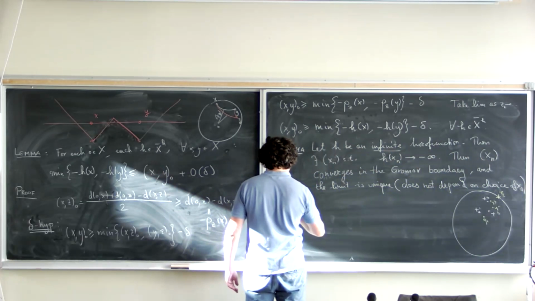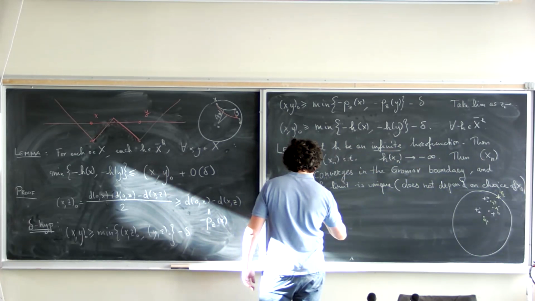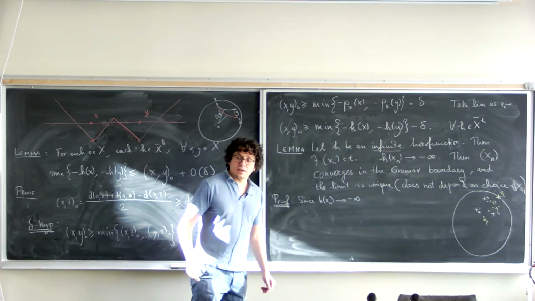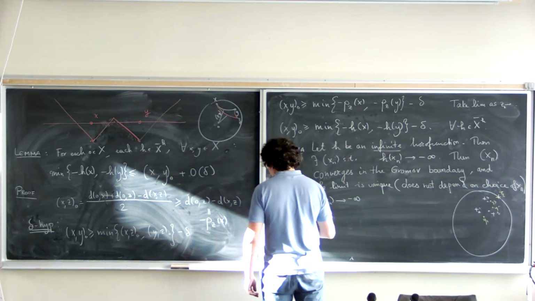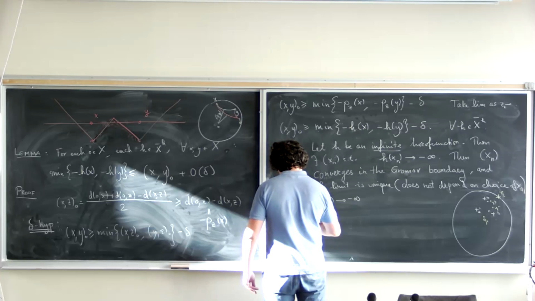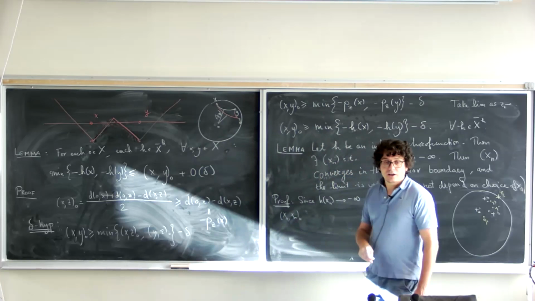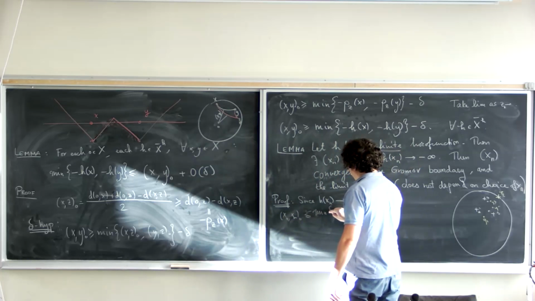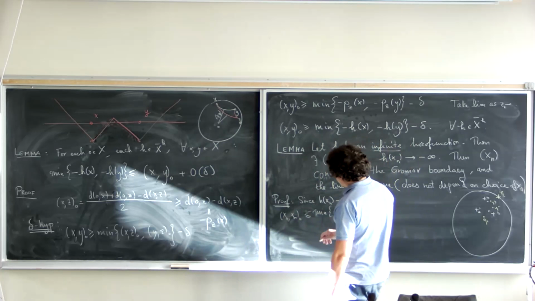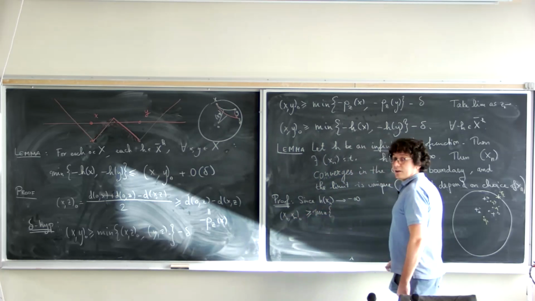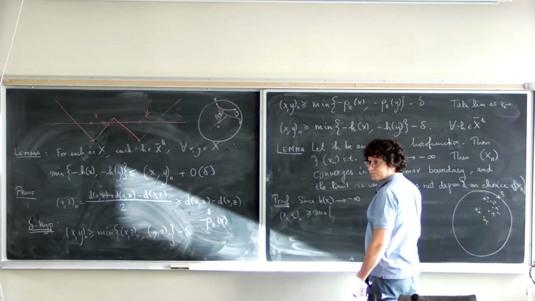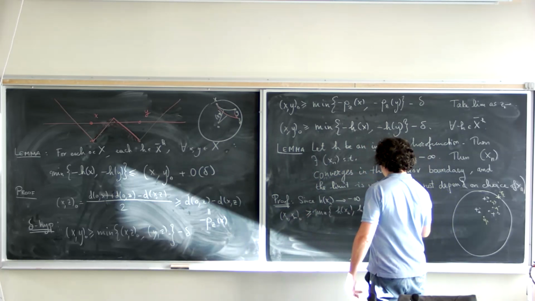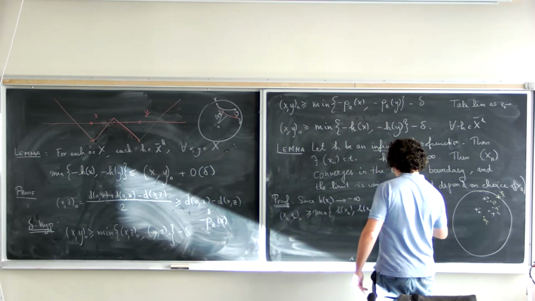Since h(X_n) goes to negative infinity, let's take the Gromov product between X_n and X_m. Well, the Gromov product is bigger than the minimum of minus h(X_n), minus h(X_m), plus O of delta.